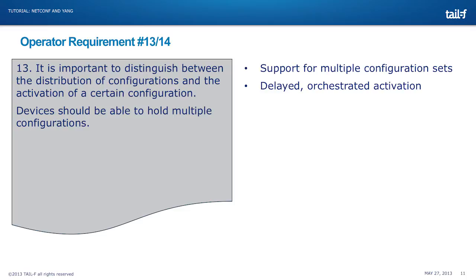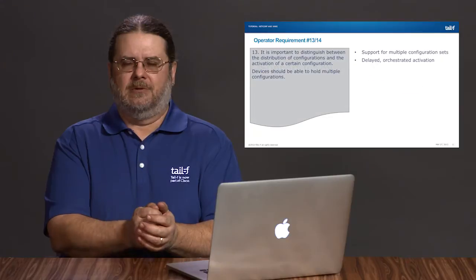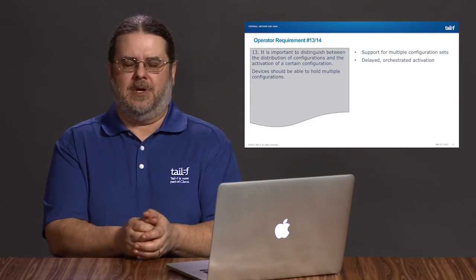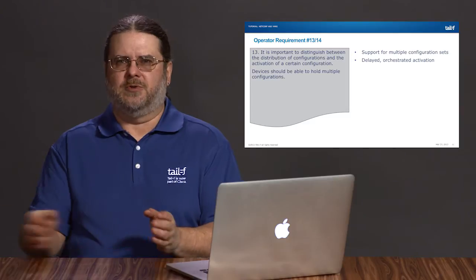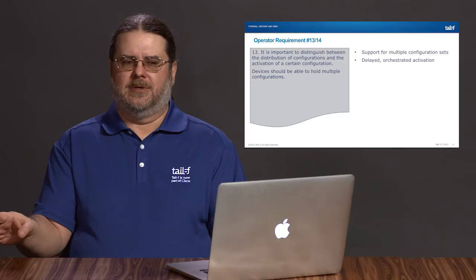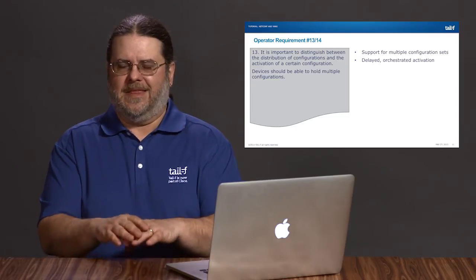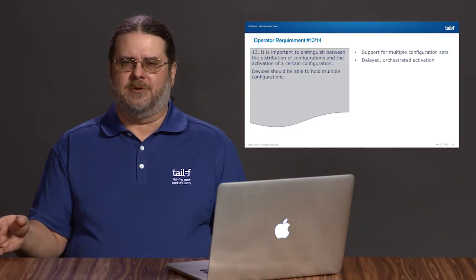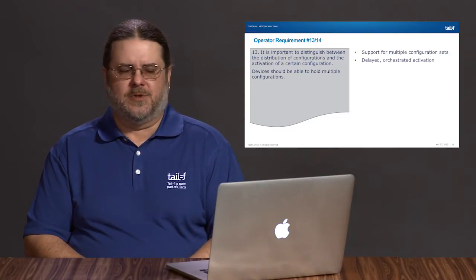The primary driver for this is delayed orchestrated activation, meaning being able to send maybe a candidate configuration to a device that says, hold on to this configuration, we'll be using it perhaps in the future, but don't take it live yet. And being able to perhaps distribute that out to a bunch of devices and then quickly tell them all, use this now for the configuration. That very much helps orchestrating that activation of a network-wide transaction for service deployment.